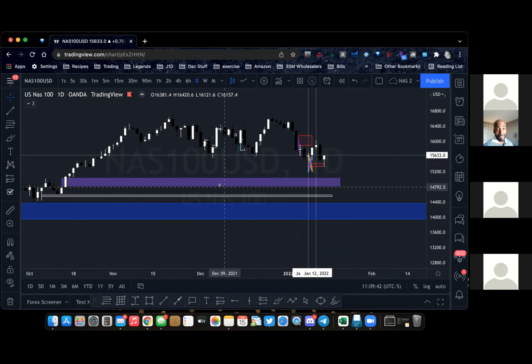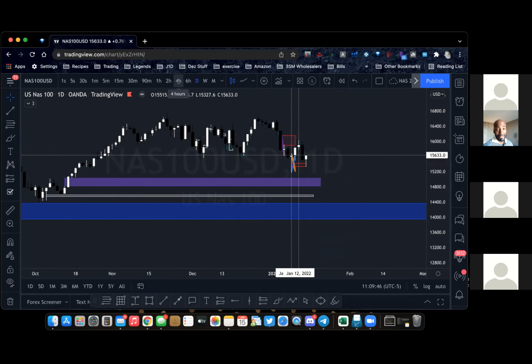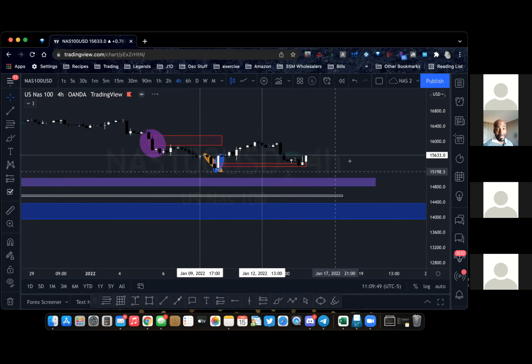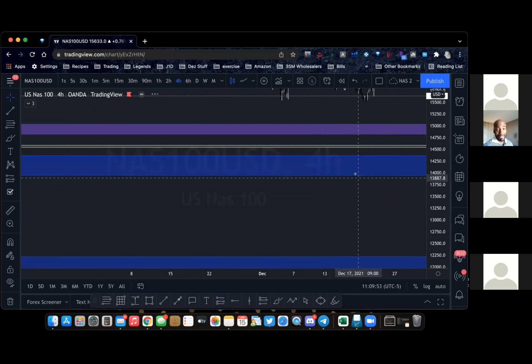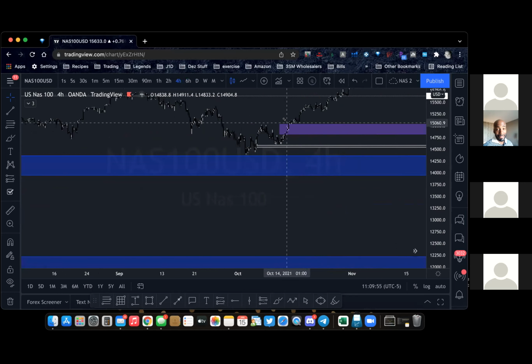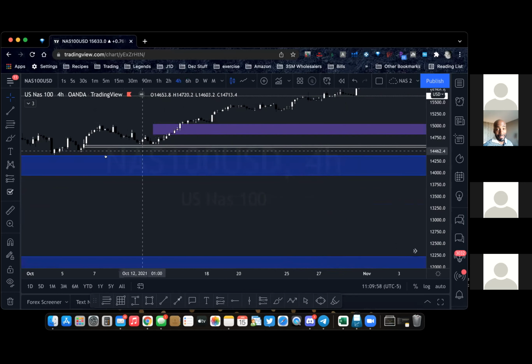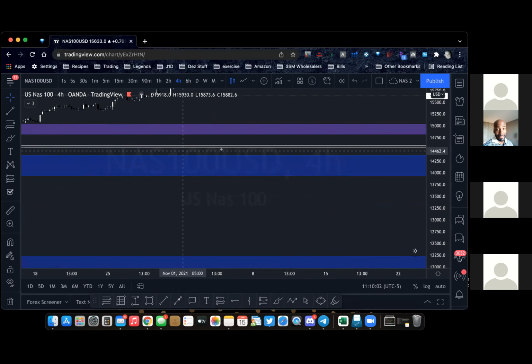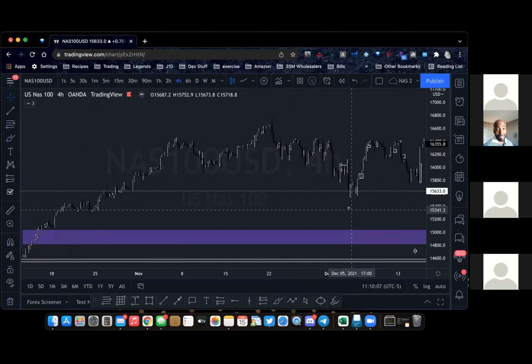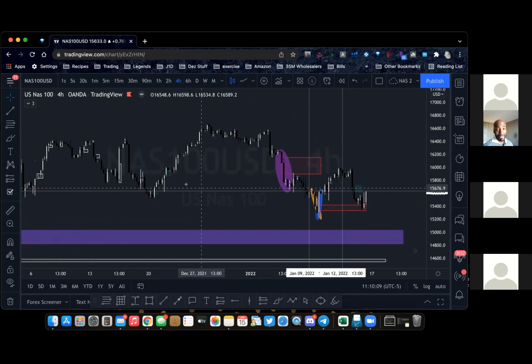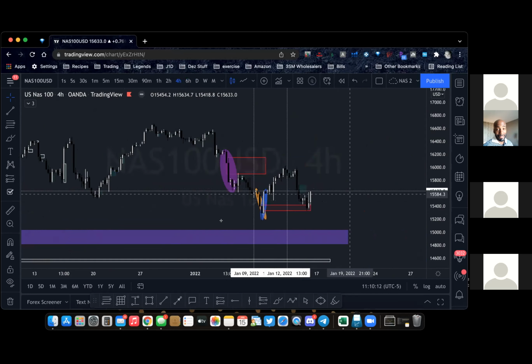And this is still a daily imbalance right there. So I go through that. There's a little tiny 4-hour imbalance there, but it's still an imbalance, so I count that. We did clear out some imbalances yesterday morning, but I left this one here to kind of show you.